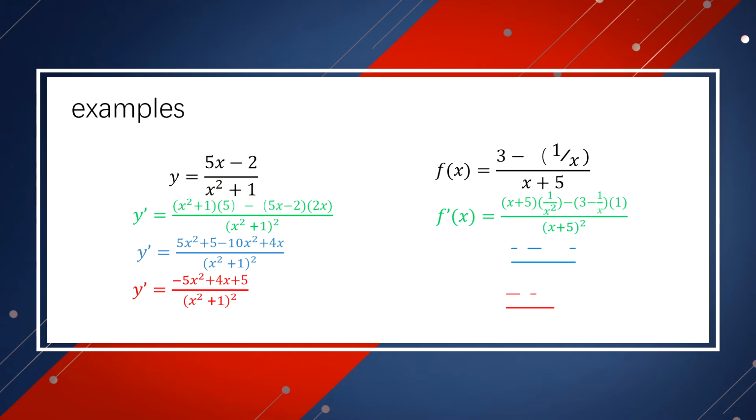This is also f(x), and 1 is g prime of x. We use the power of x plus 5 squared. The next step is also to simplify. The final answer is 5 over x squared plus 2 over x plus 3 over x plus 5 squared. This is the final answer.